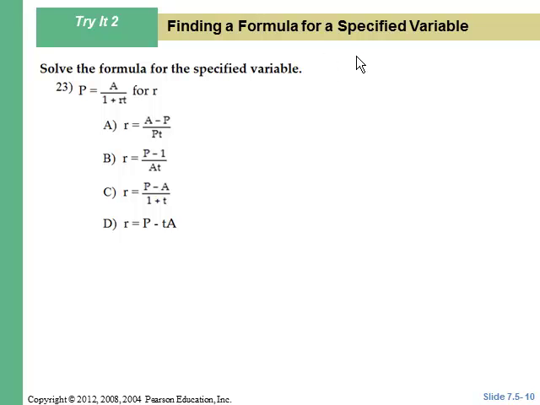Next, we want r all alone. So let's multiply both sides by 1 plus rt.